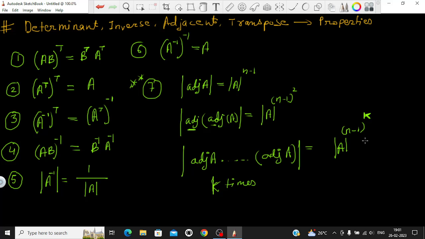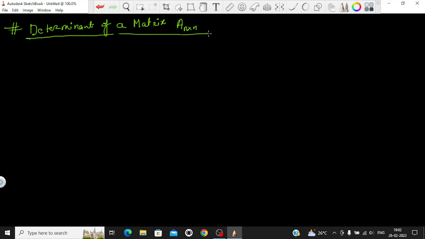Now we will see determinant of a matrix A, an n cross n matrix. So we'll calculate the determinant of an n cross n matrix.